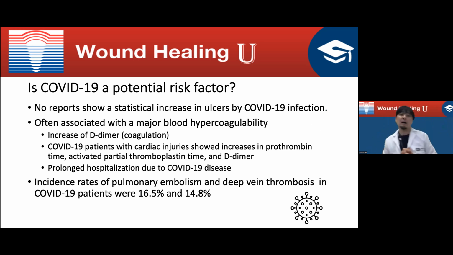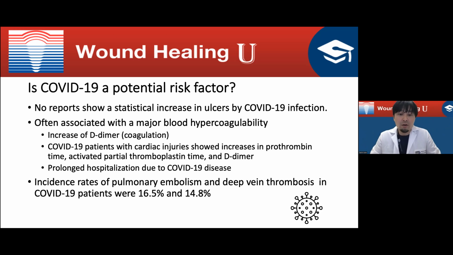And finally, I would like to discuss a little bit about whether COVID-19 infection is a potential risk factor for ulceration. So far, there have been no reports showing a statistical increase in ulcerations by COVID-19 infection, other than some case reports. There are some case reports showing potential relationships between the COVID-19 infection and hypercoagulable states or ulceration.